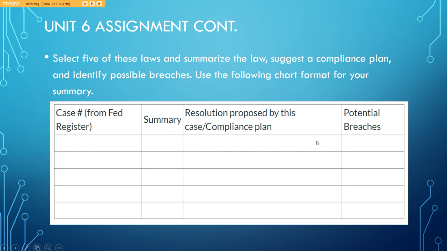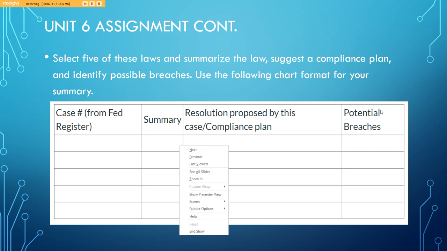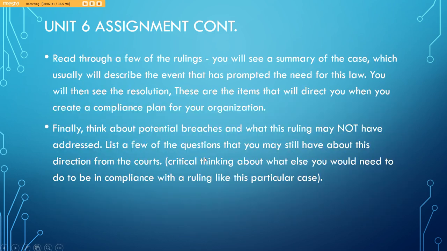Then the potential breaches, that is for your own thinking. Let me see if I can go back. It's not letting me. All right, so you're going to think about potential breaches and what questions you have about the direction from the courts.